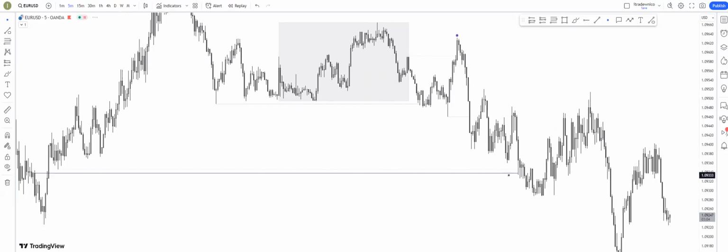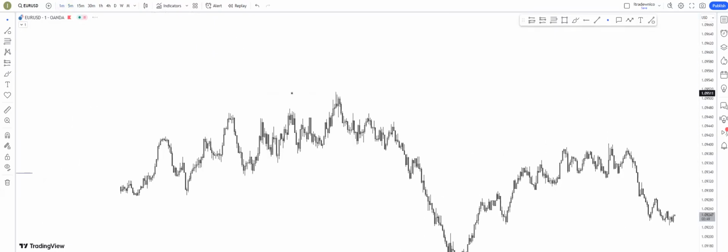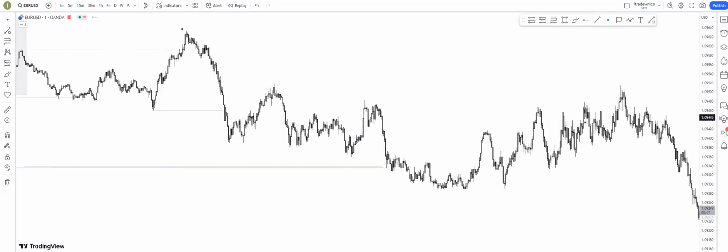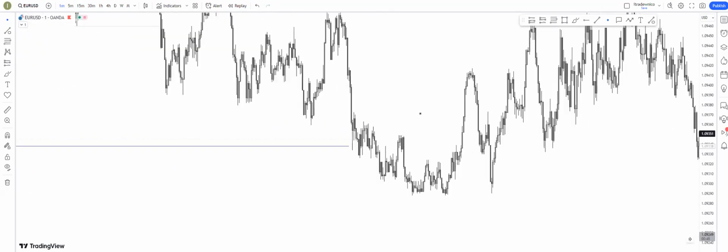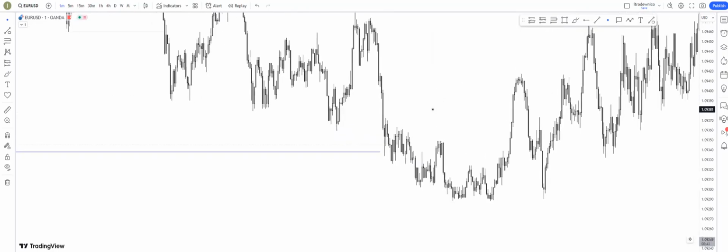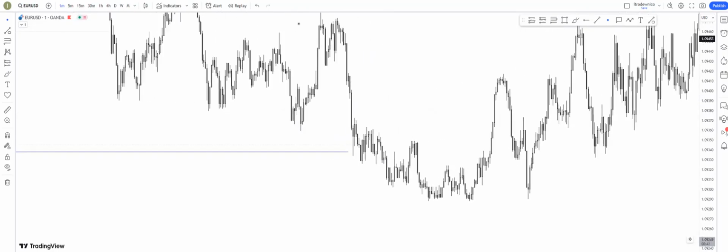Again, you don't want to take the entry directly, right? You just want to wait for confirmation and potentially grab trades. Now, since I was kind of off, I didn't take any trade right here. You could potentially look for longs. Let's see what you may get. And again, you want to see a clear, strong high being taken, right?